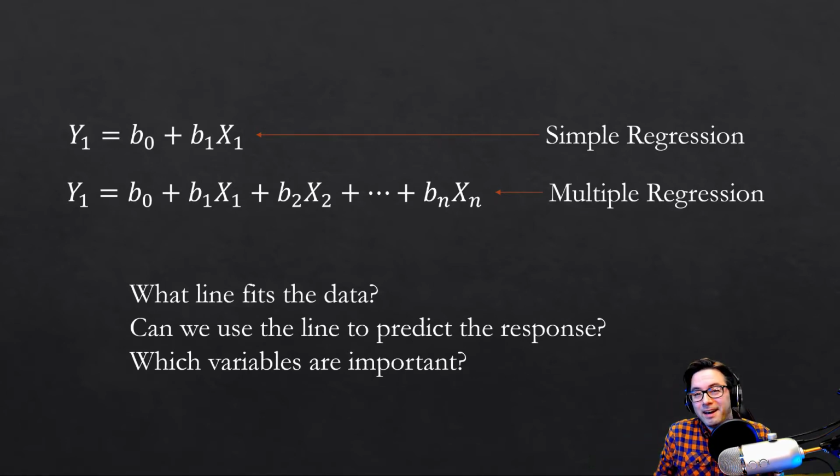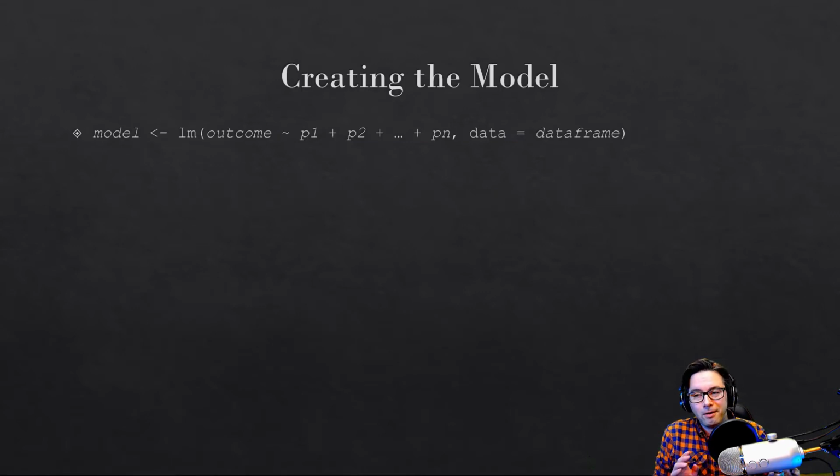Anyways, let's talk about how we create this model. First of all, the model is created very similar to how we were creating our models before, where we use the lm function. The difference is that before we had one predictor, and now it's the same thing, but we just keep adding the predictors on. We're still referring to the data frame.